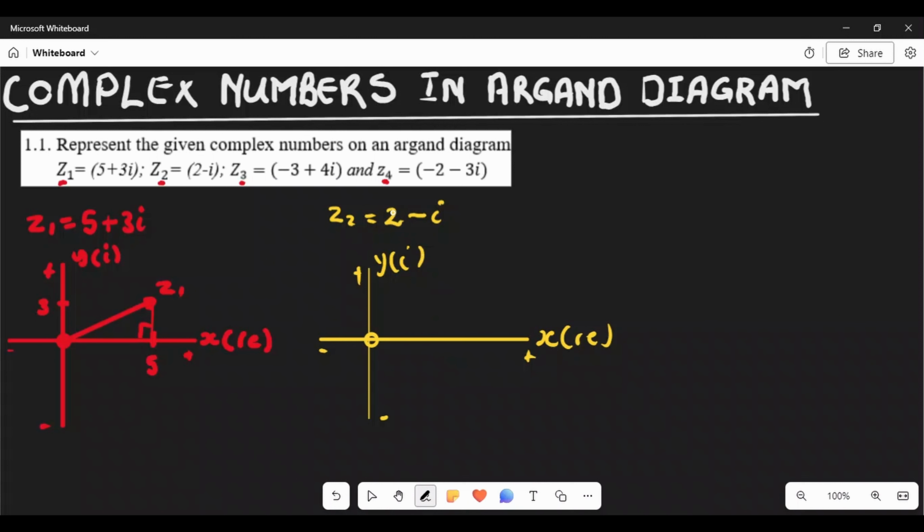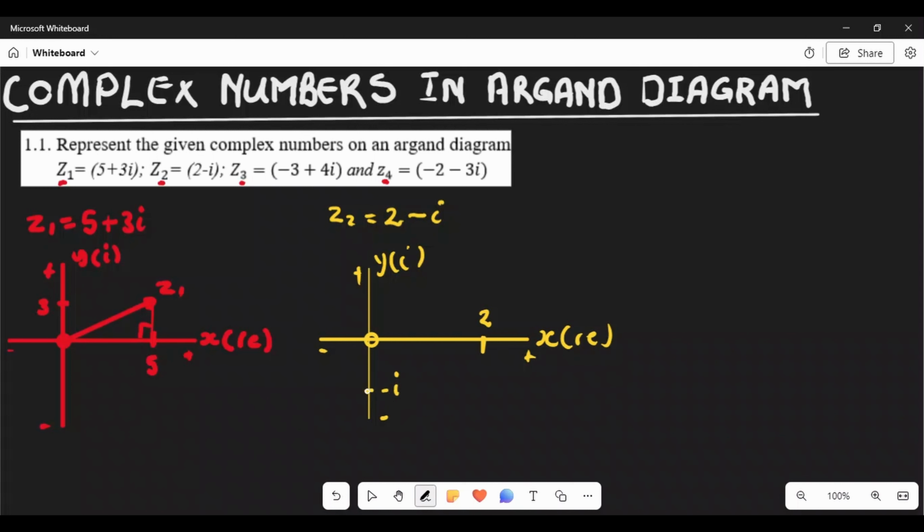The real number is 2, so we can say this is 2. The imaginary number is negative i, so we say this is negative i. Remember, negative i is more like negative 1 on the y-axis, so rather write negative i.